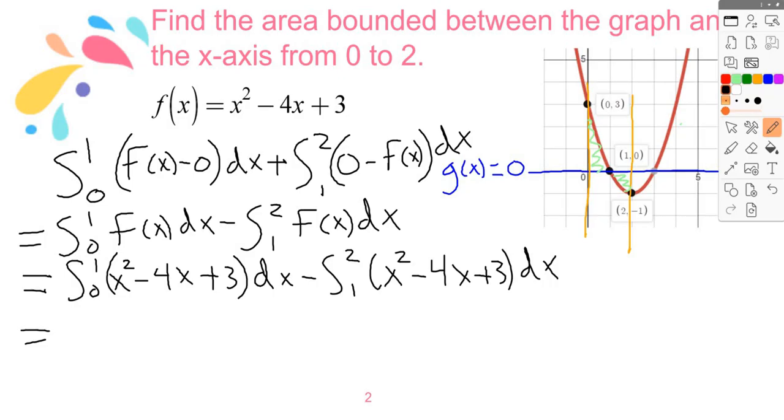What's the antiderivative of x squared? 1 over 3x cubed. And the antiderivative of negative 4x? Negative 2x squared. Sorry, that should be a 3. I'll switch it. And then I have a plus 3x. And then the only difference about my second one is that we're going from 1 to 2 instead.